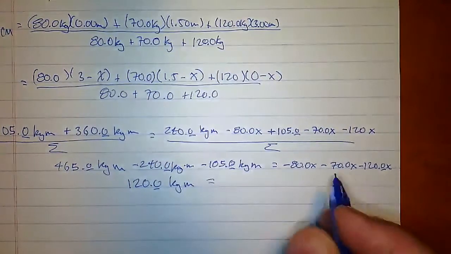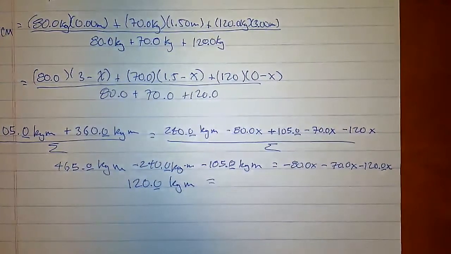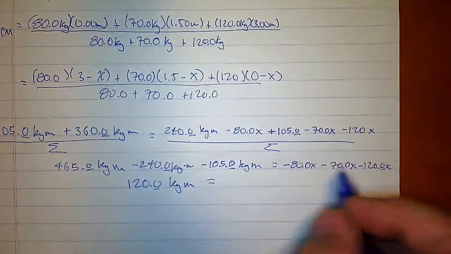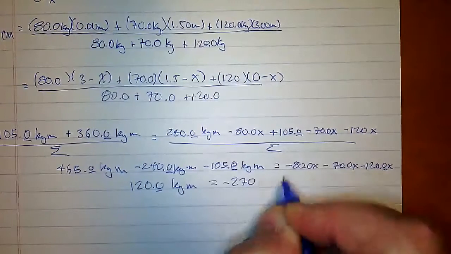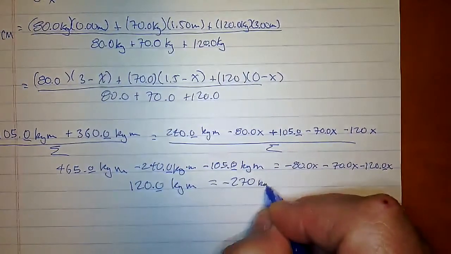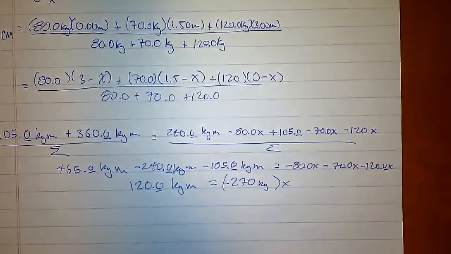And then the other side is going to give you 80 plus 70 plus 120, which is, of course, since they're all negative, that'll be negative 270. And of course, that is kilograms times x.